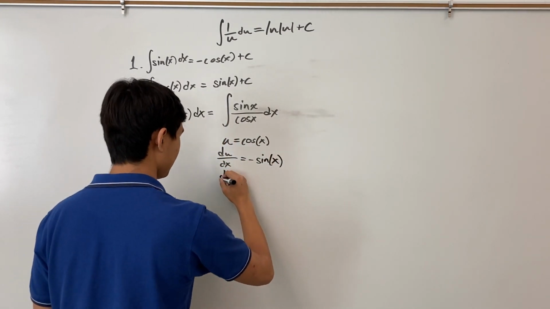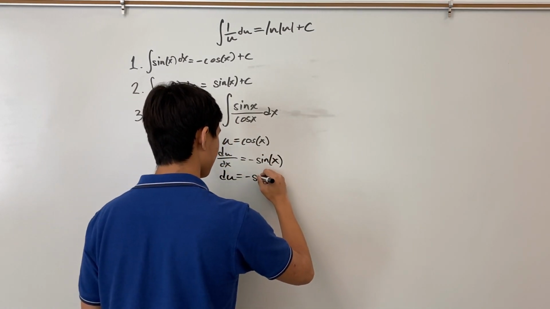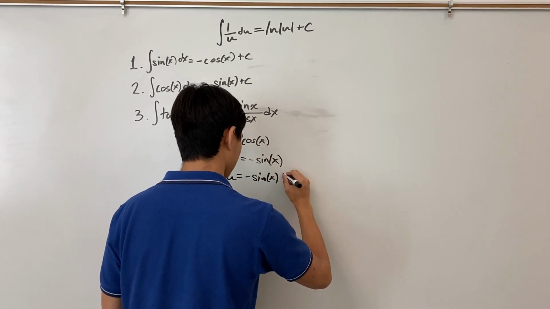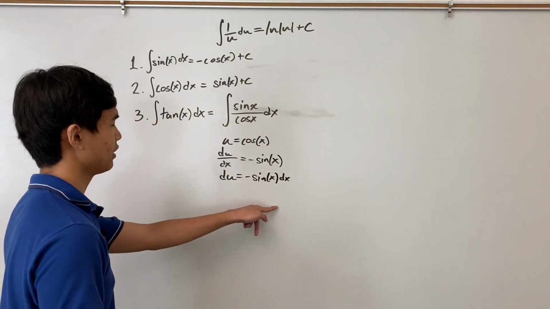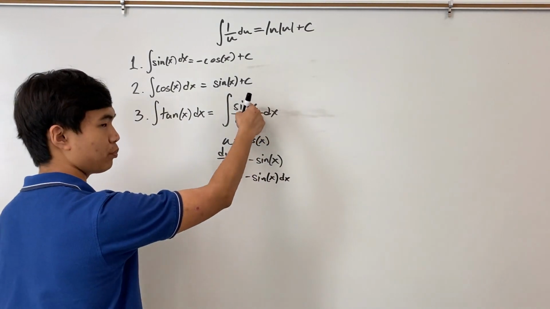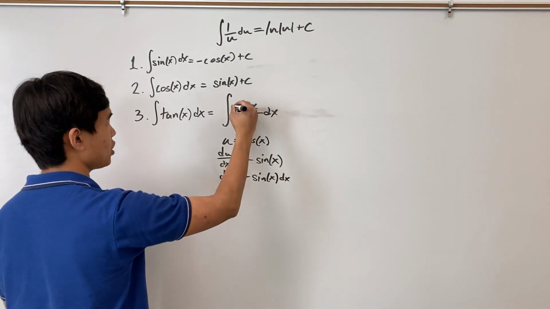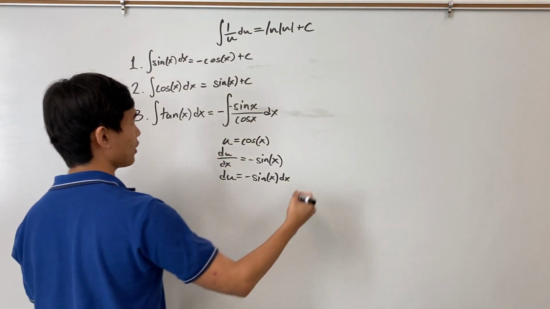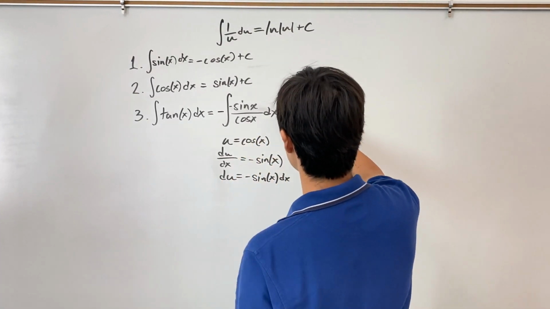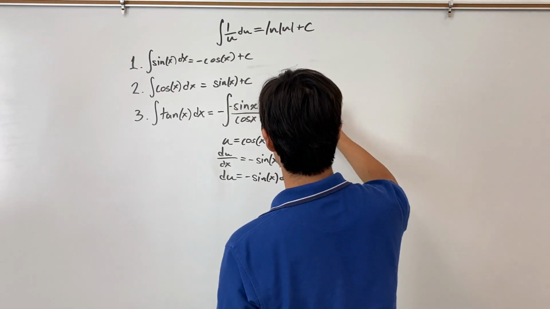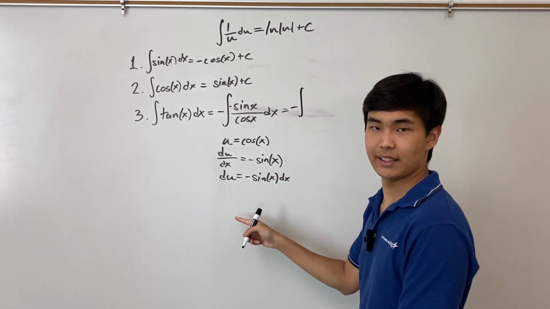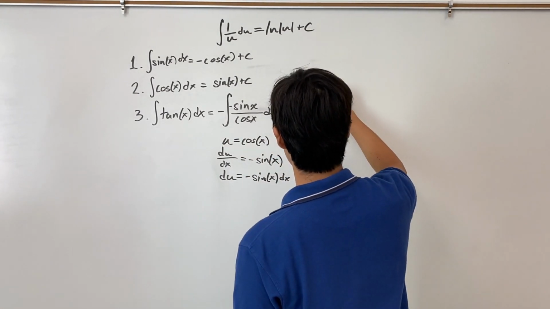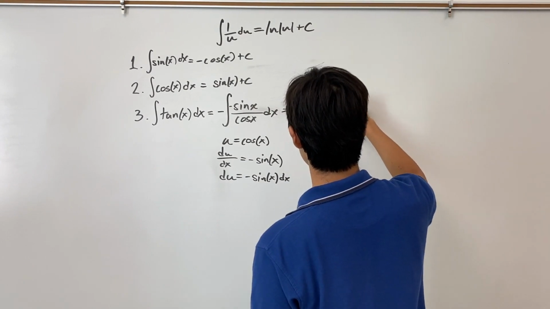And then solving for du, we get du is negative sine x dx, like this. And notice we have positive sine x dx up top, so we can multiply by negative inside and outside. So the negative on the outside stays, and then we use the negative in to make du. So this is 1 over u du.